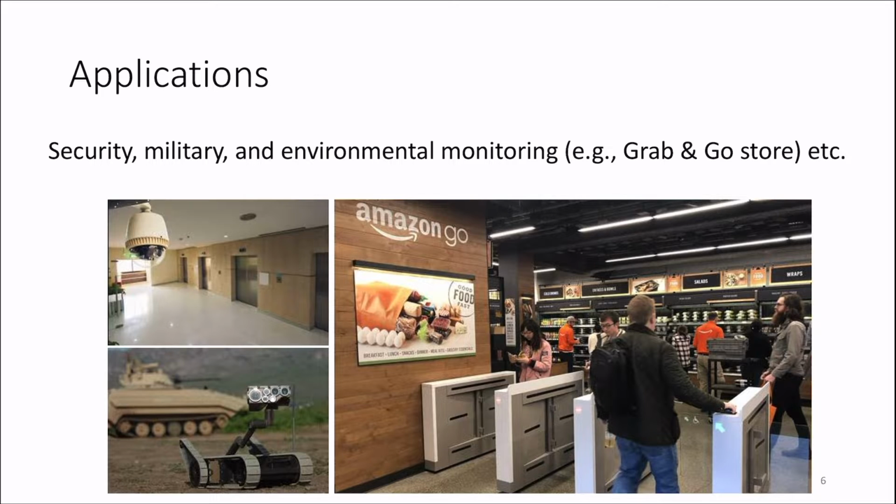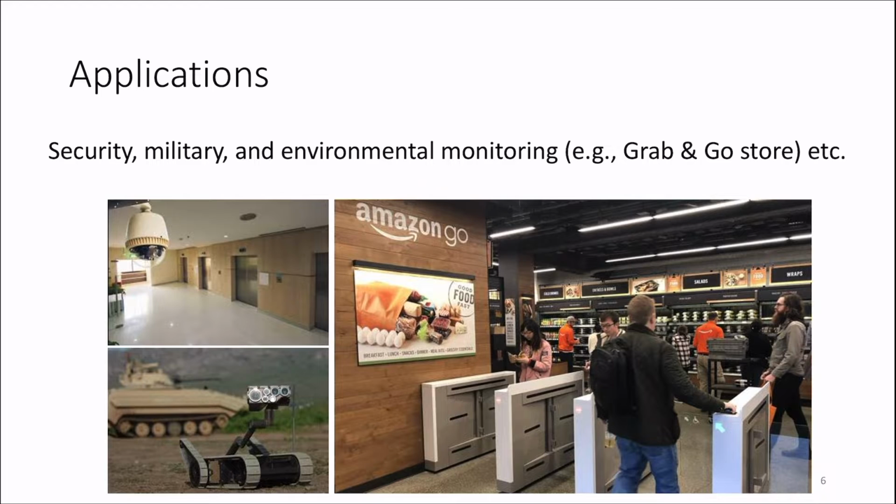For the first one, security, on the left upper corner, you can deploy the visual sensors into the elevator area, which sometimes we treat as a critical area, because when someone gets access into a building, they have to get access to this area first, right?